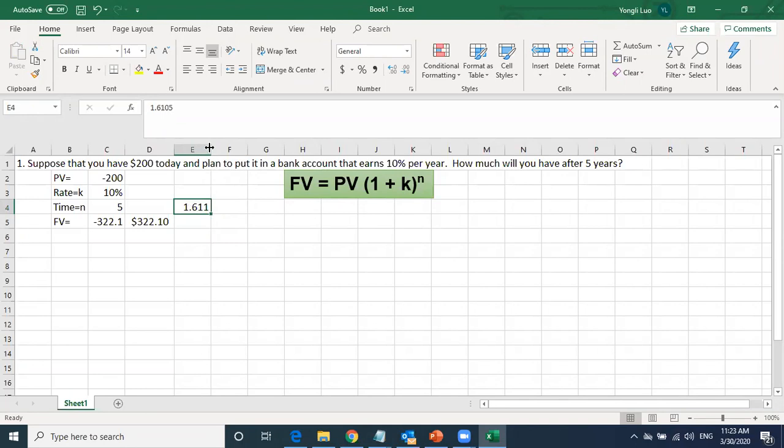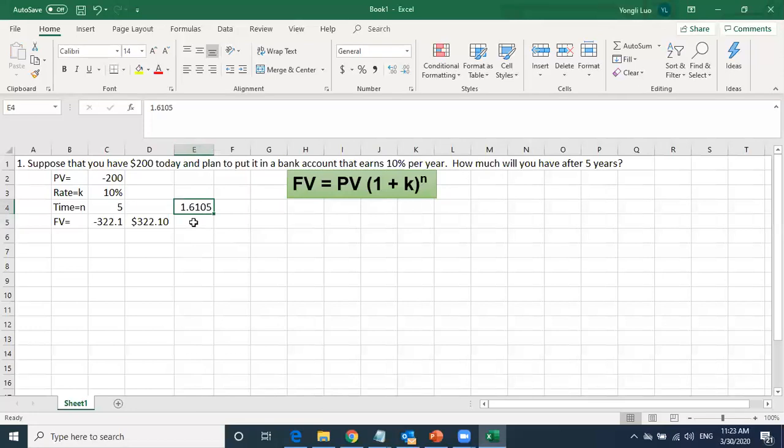Then we can take that $200 times that factor.